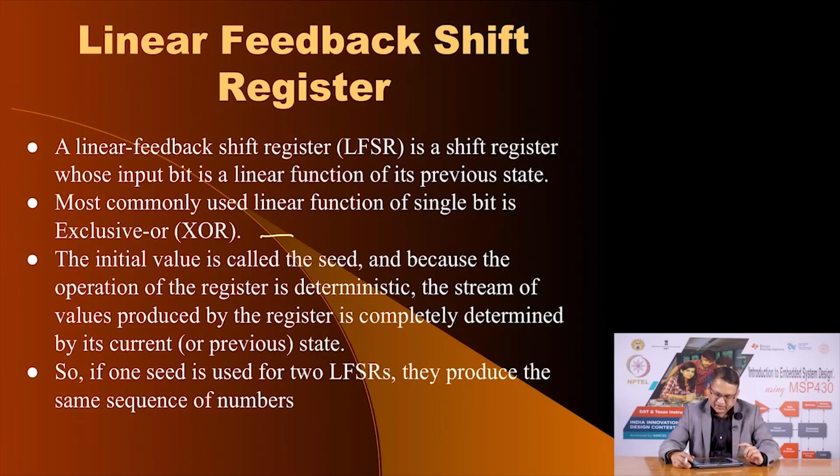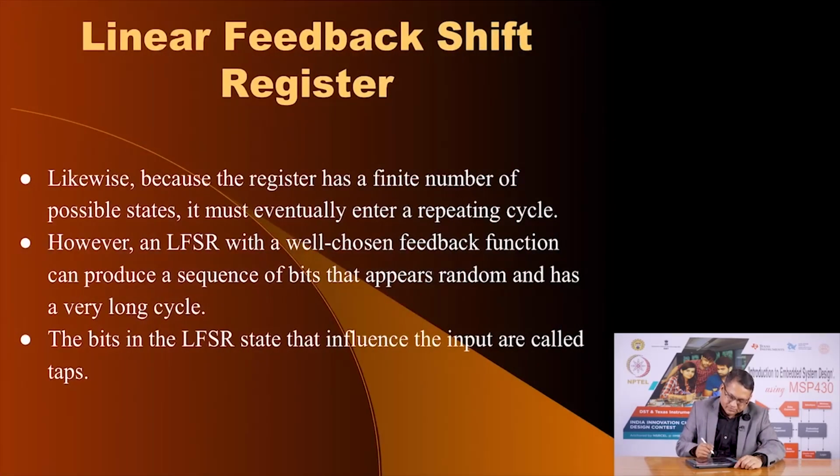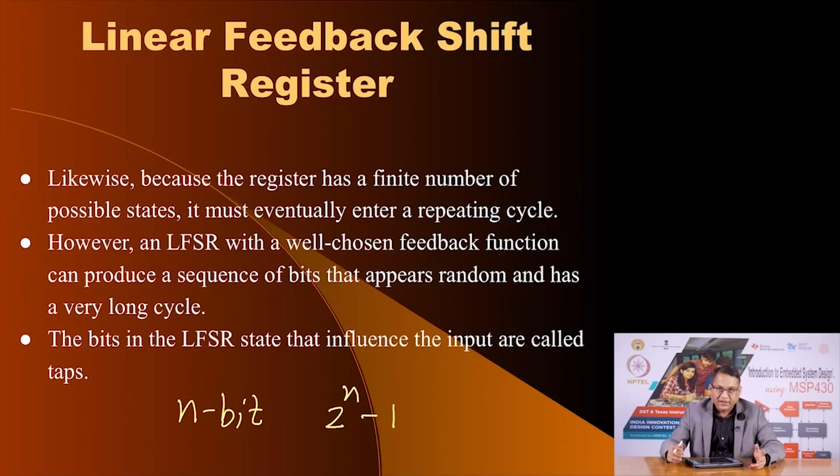The linear feedback shift registers work on the principle that if you have n bits of flip flops, and you choose the feedback function appropriately, you could have in principle 2 raised to the power n minus 1 combinations. This is just like a counter.